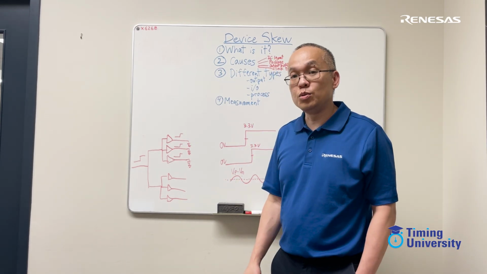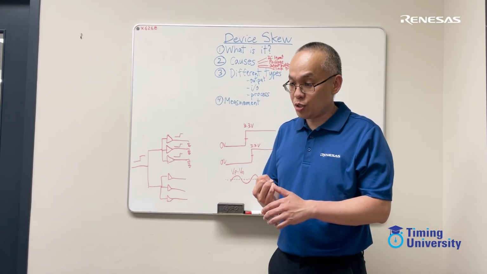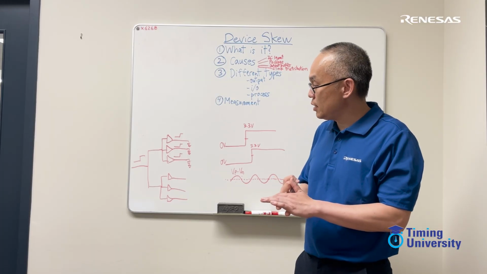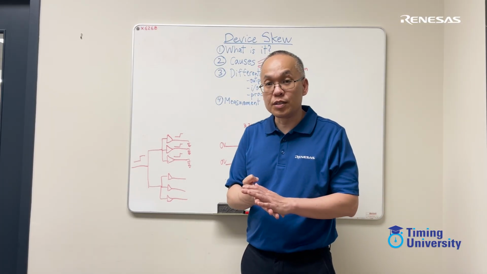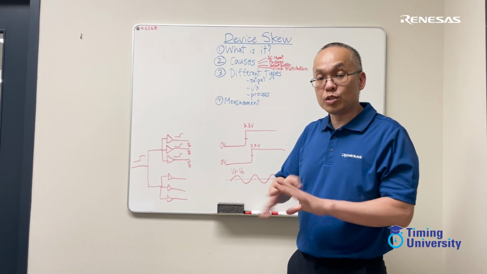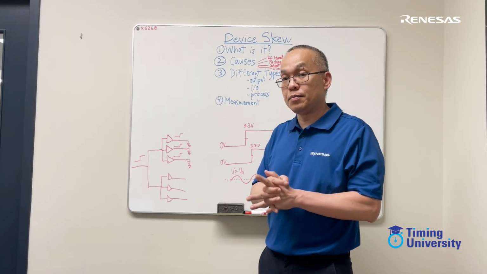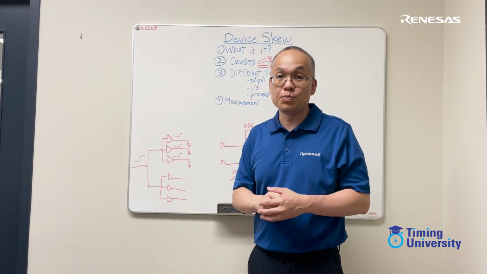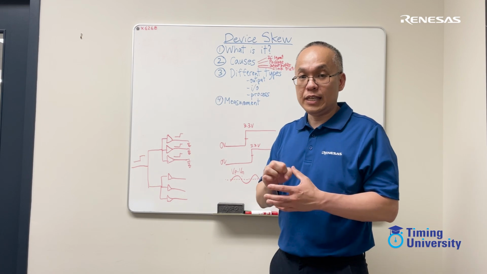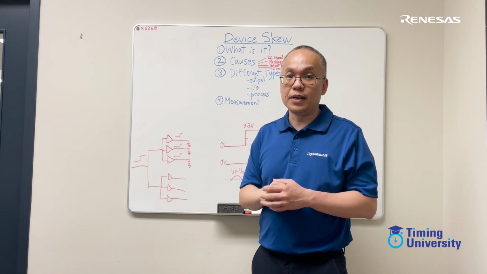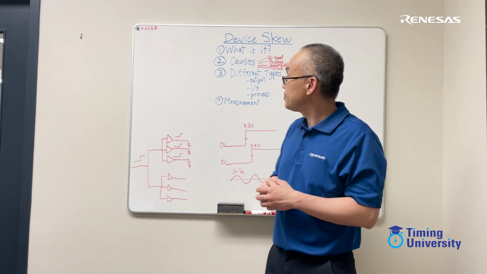It excludes things like temperature, input slew rate, frequency, and loading. All of that is excluded. The only thing you're looking at is device to device, because of the manufacturing process, each of these devices has a little difference.